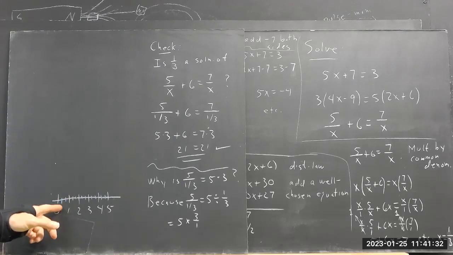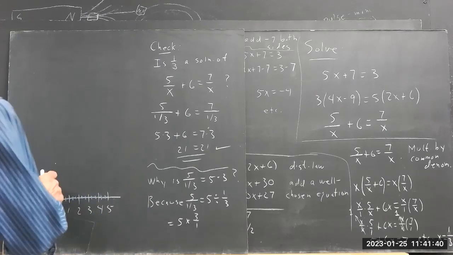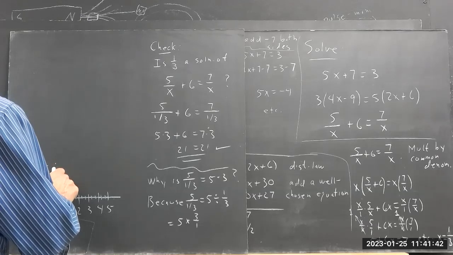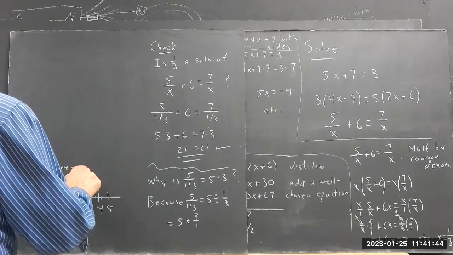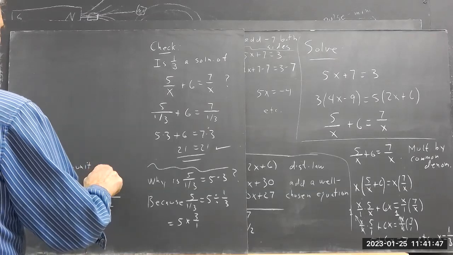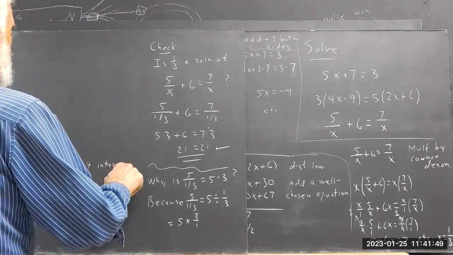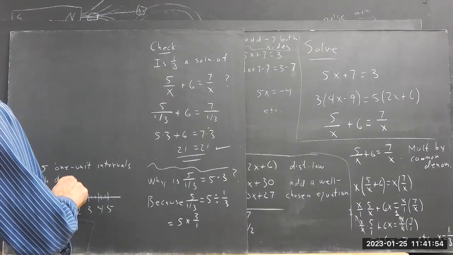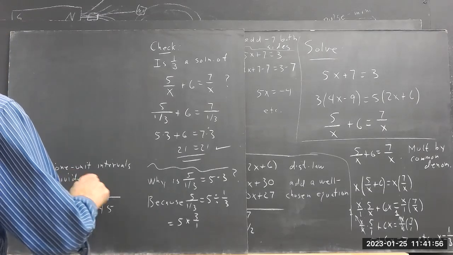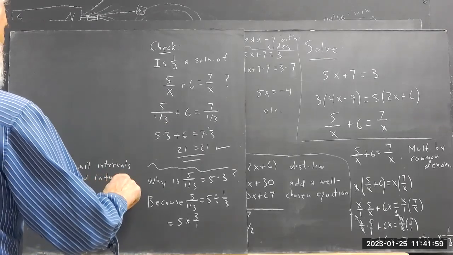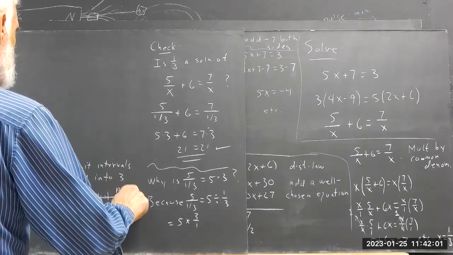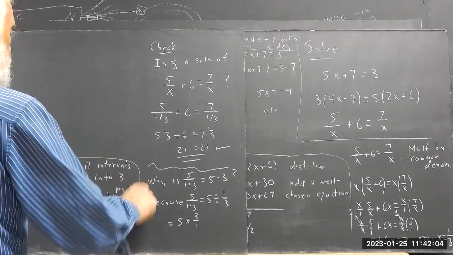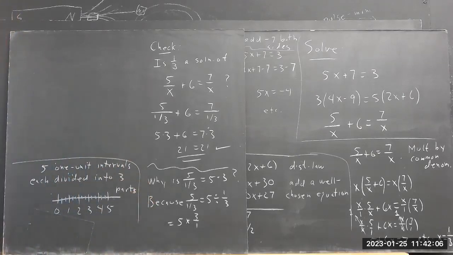Well, there are 3 of these in each 1 unit interval, and there are 5 1 unit intervals. So we have 5 1 unit intervals, each divided into 3 parts.